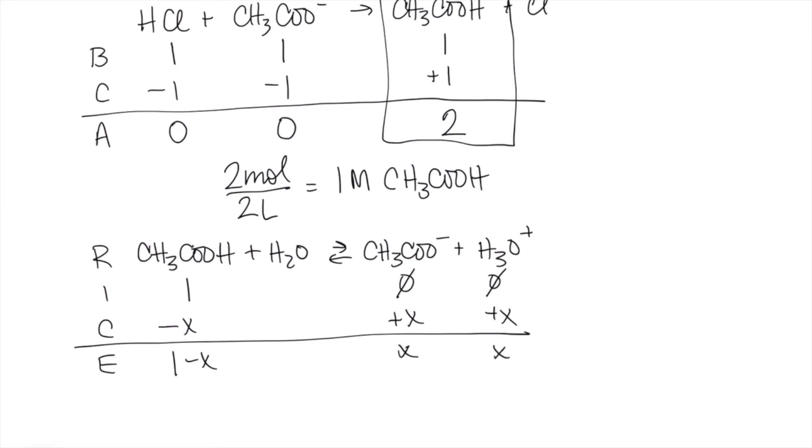and I end up with Ka, which is 1.8 times 10 to the minus 5, equals x squared over 1 minus x. I'm going to neglect x, and I get just the square root of this. X equals the square root of 1.8 e minus 5.